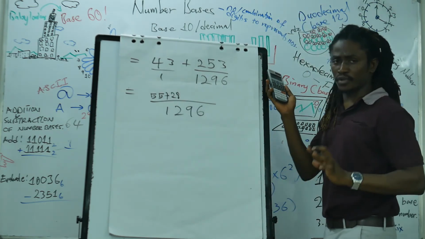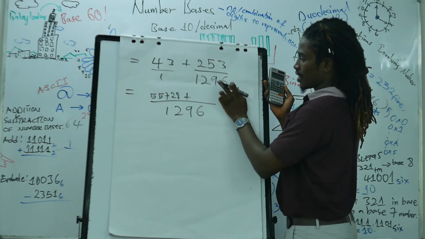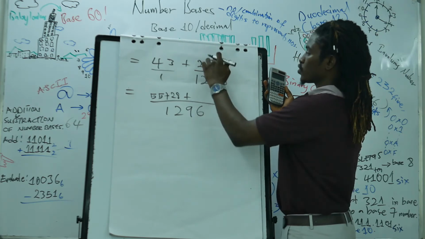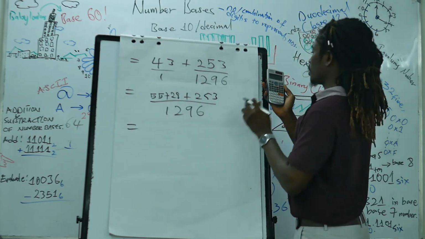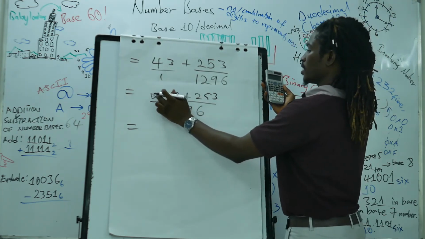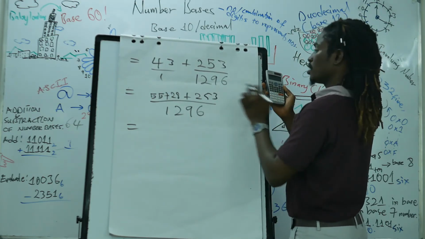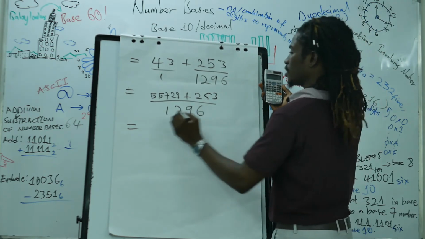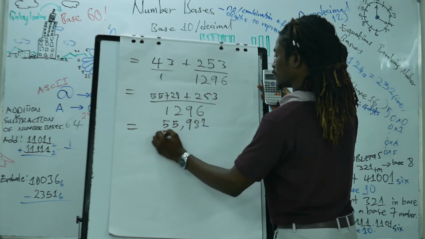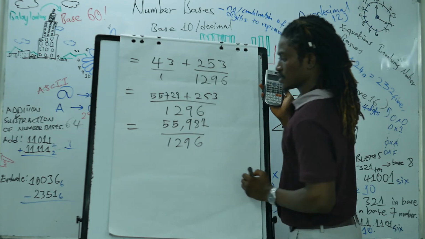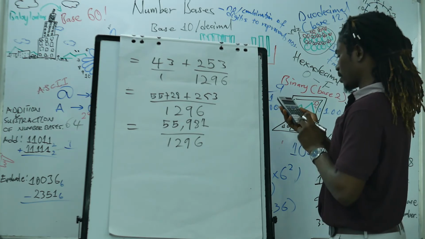55,728. Now don't be afraid of the numbers, take them step by step. And then of course plus, 1296 comes into itself 1 time, times 253 is going to be 253. So this is going to be equal to 55,728 plus 253, which is 55,981 divided by 1296. Now, let me try dividing that and see if we have a clean number.